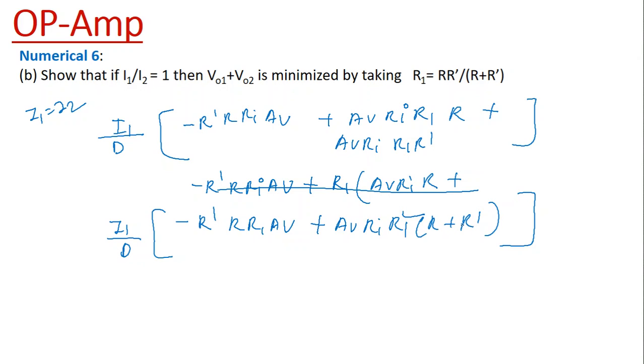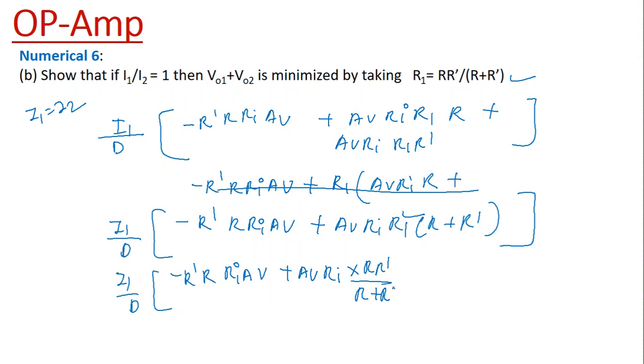This R plus R dash will cancel out by this R plus R dash. Then we get AV Ri into R dash divided by R plus R dash into R plus R dash. So this gets cancelled out.